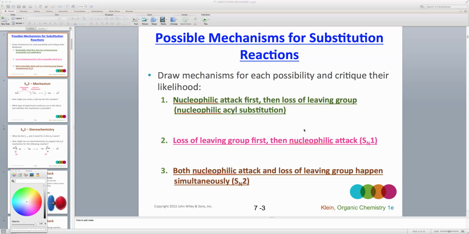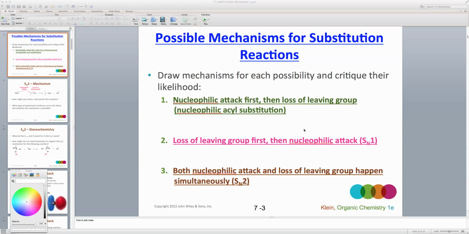And of course, remember, this would leave us with a carbocation intermediate. Then in the second step, we'll have nucleophilic attack. The third possibility is that both the nucleophilic attack and the loss of the leaving group happen simultaneously.